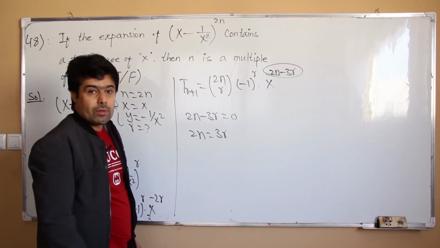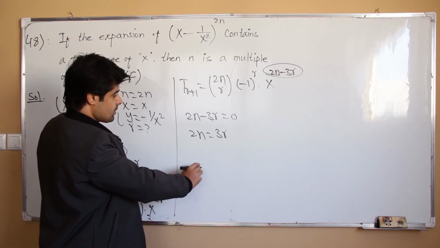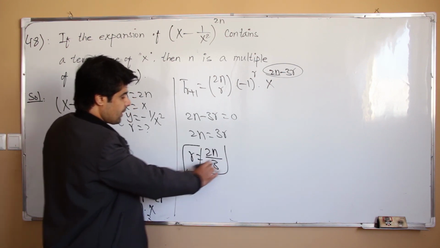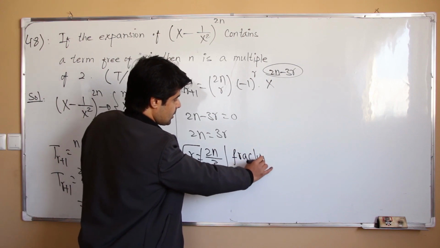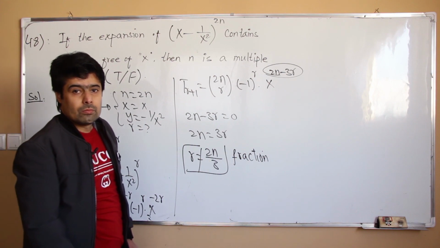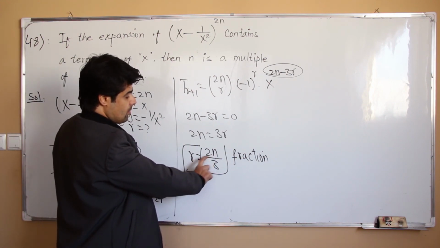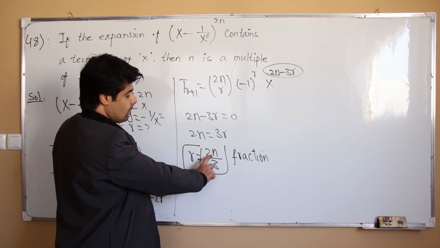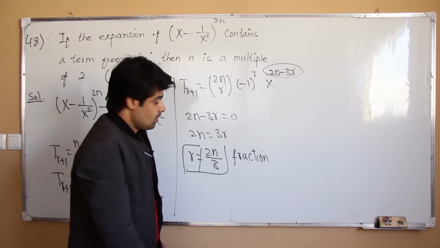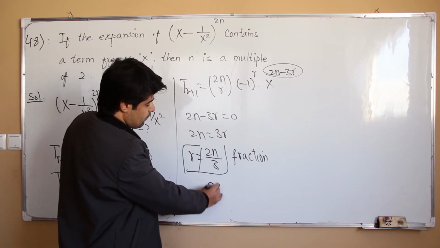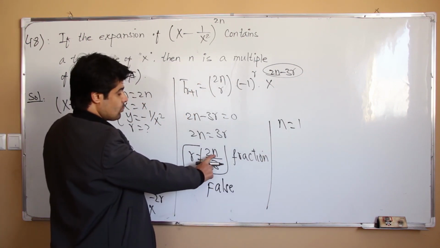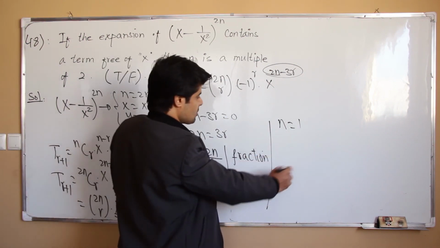So if we want to simplify this one for r, r is 2n by 3, which is a fraction. If this one is a fraction, it means it cannot be divided by 2. r and n, what is the ratio for these two? It's not an integer number. It's a fraction. So it means the statement is false. Why? If we put instead of n, for example, 1, we have 2 times 1, 2 divided by 3, which is not possible.